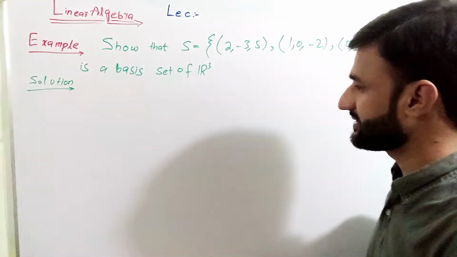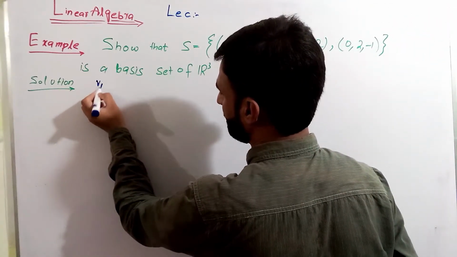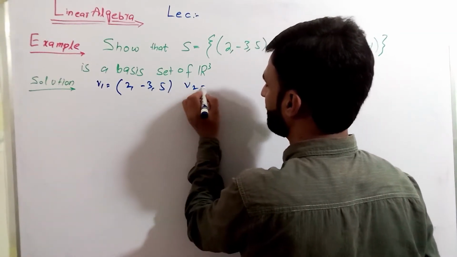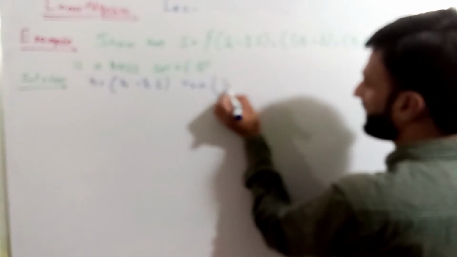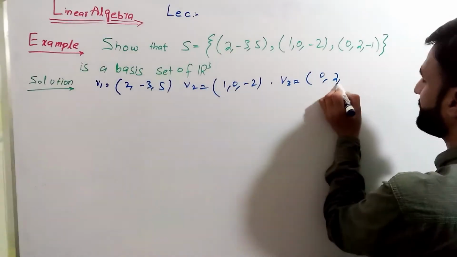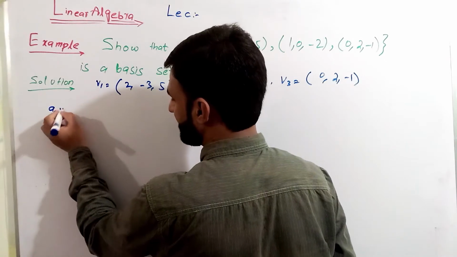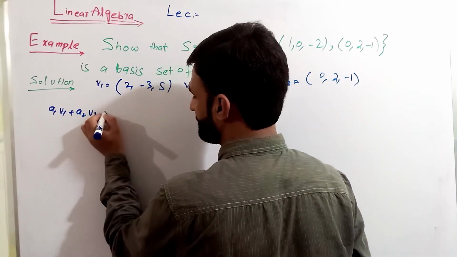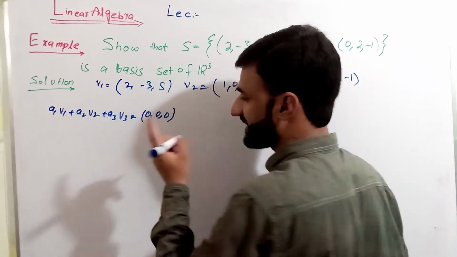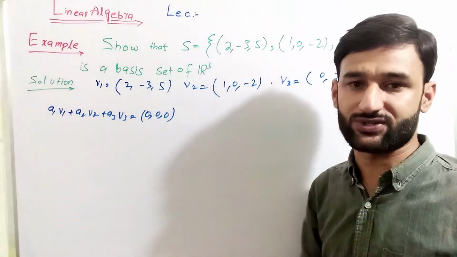So we choose V1 equal to the vector (2, -3, 5), V2 equal to (1, 0, -2), and V3 equal to (0, 2, -1). By the definition of linear combination, a1 v1 + a2 v2 + a3 v3 is equal to (0, 0, 0). The reason is that R3 is the space, so it must be the zero vector (0, 0, 0).